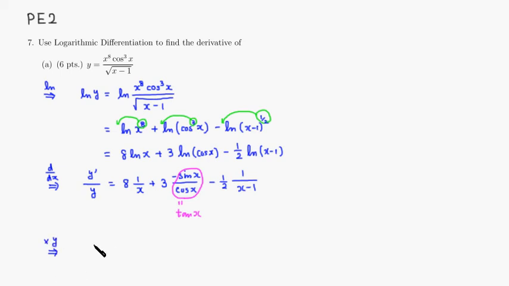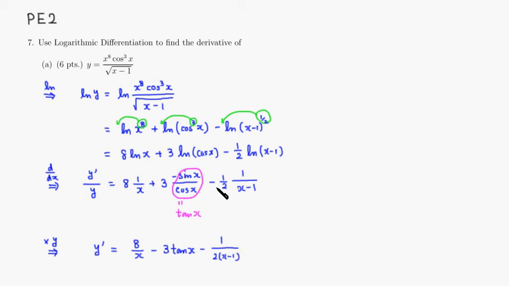The left hand side is just y prime by itself, which is what we were looking for. Then you have 8 over x, minus 3 tangent of x, and minus 1 over 2 times x minus 1, incorporating the 2 on the bottom.